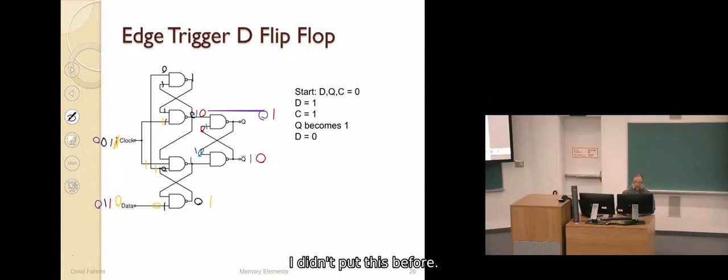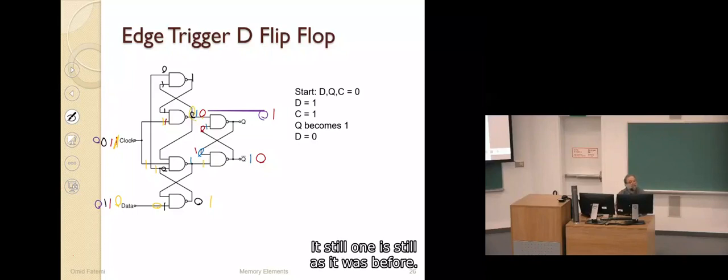What is that? I didn't put this before in the black. Black is 0, I guess. Yes, black is 0. So even with the clock high, this is still 1, and this is still 0, so it is still 1. It doesn't change.